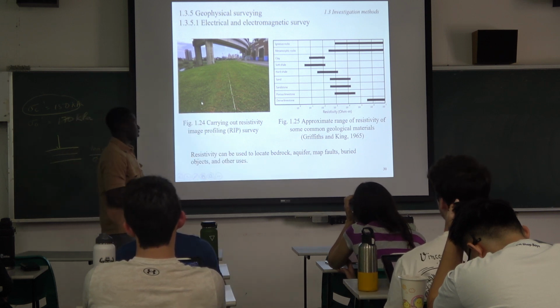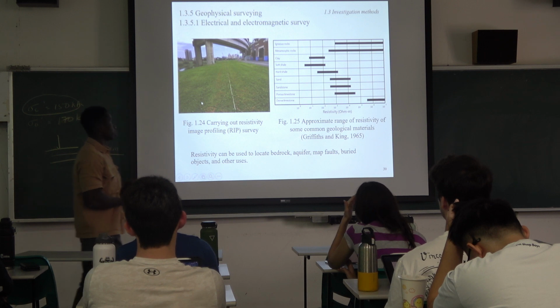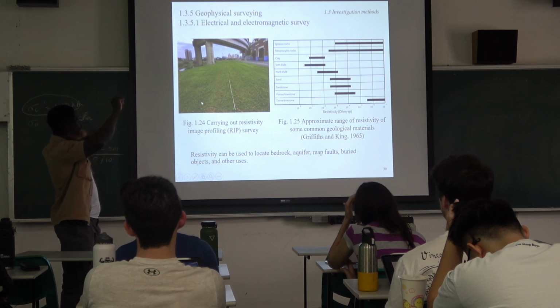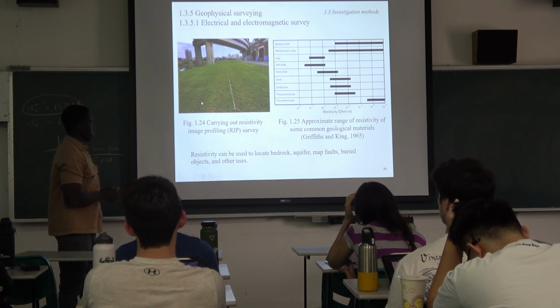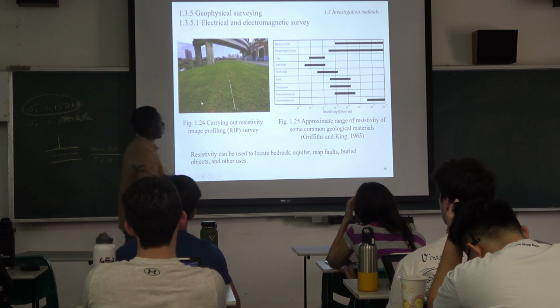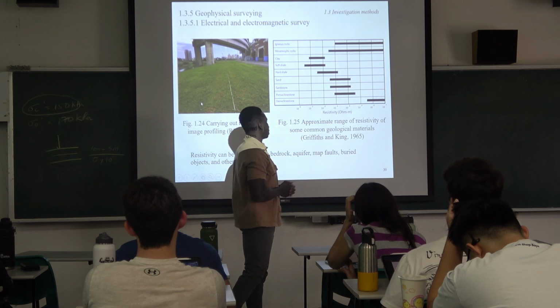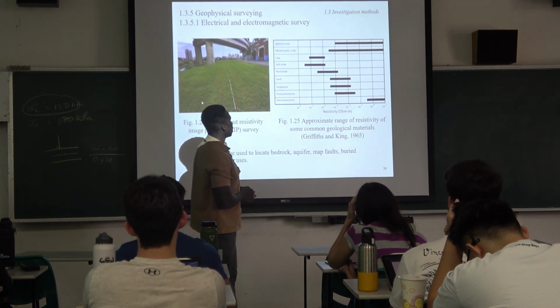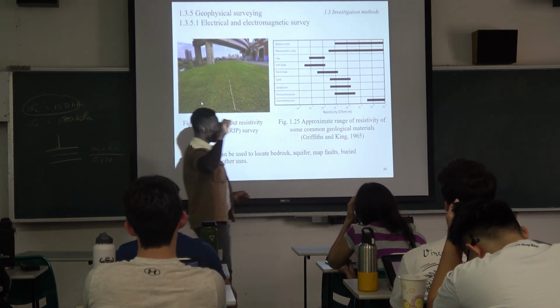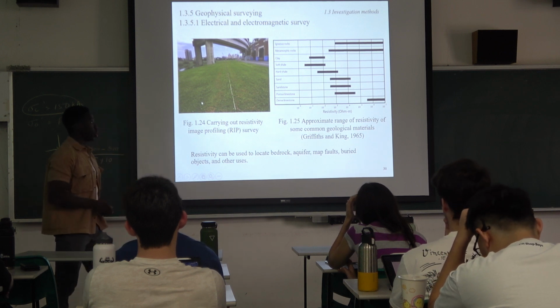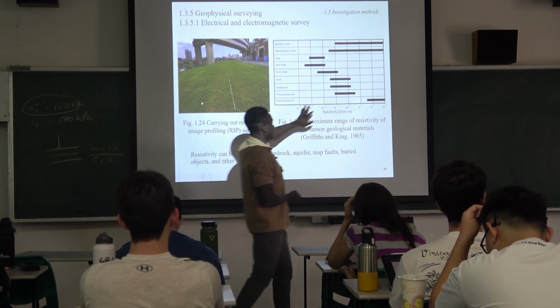This is more like carrying out the resistivity image profiling survey. And here, it shows the approximate range of resistivity of some common geological materials. Some sort of power is pushed into the soil, and then these are the resistivity values.